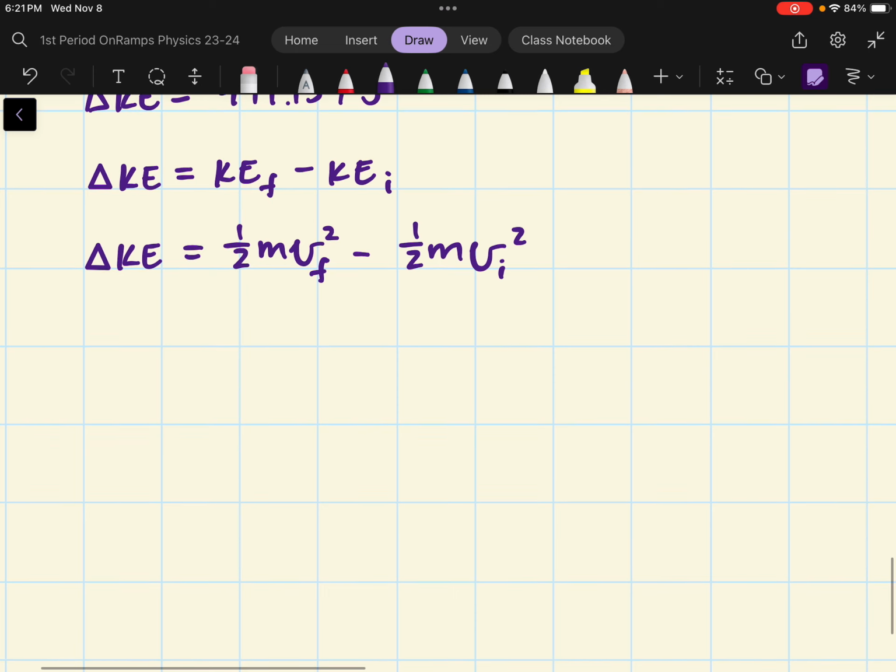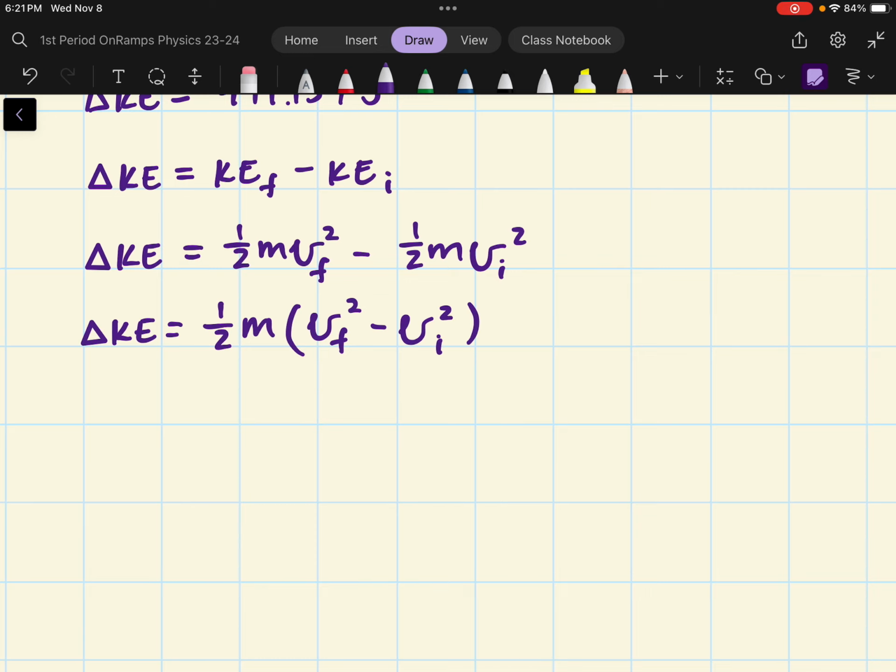I can factor out the 1/2 times the mass. So I'll have 1/2 mass times (velocity final squared minus velocity initial squared).